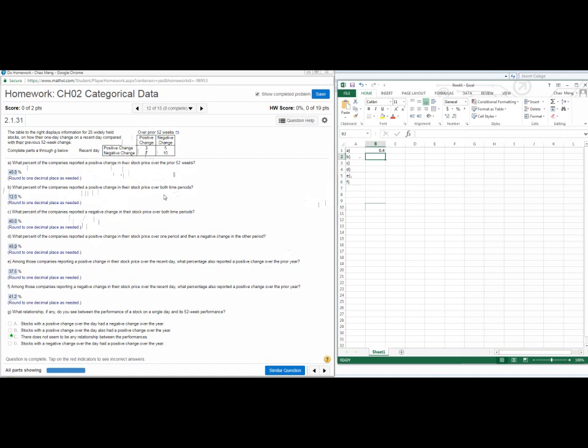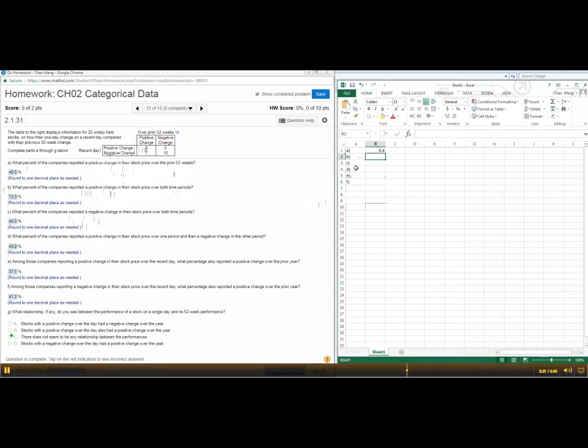So we have to find out the positive change for both variables. For the top variable, the positive change is the first column, and for the second variable, the positive change corresponds to the first row. So the first column and first row gives us the number 3.